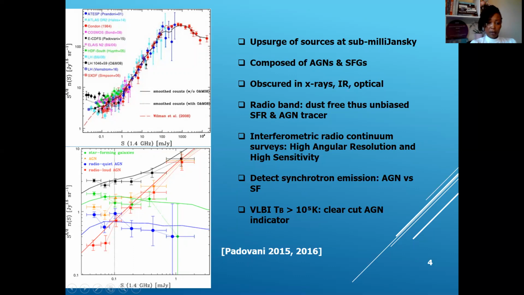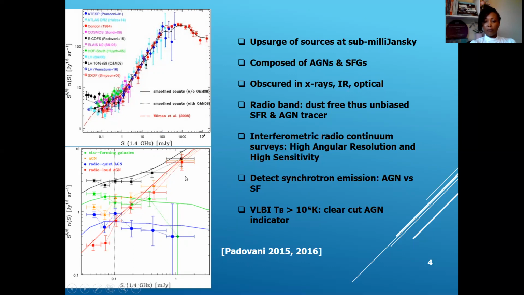Further resolving this region below 1 millijansky, we see that the population is mainly composed of star-forming galaxies and active galactic nuclei, and the active galactic nuclei are further subdivided into either radio-quiet AGN or radio-loud AGN.